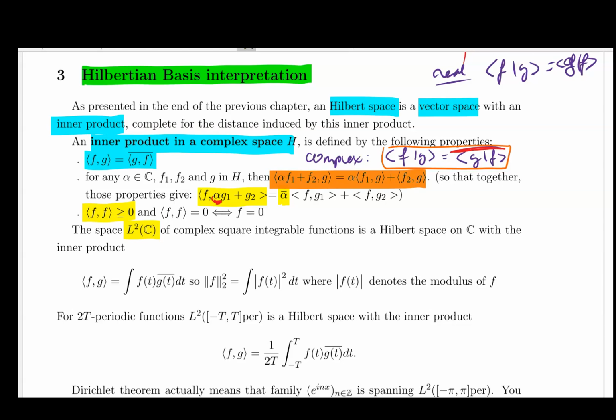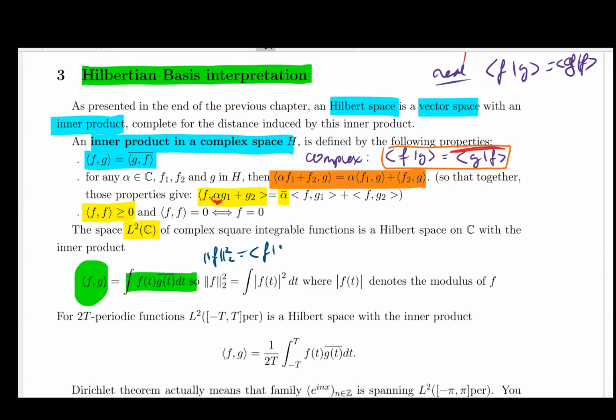Okay, and so more precisely, when we talk about the L2 space of complex functions that are square integrable, what are we going to get? We can define the inner product in that case as: f inner product with g is going to be the integral of f times the conjugate of g. Okay, so that's very important when you want to compute the norm coming from this inner product.